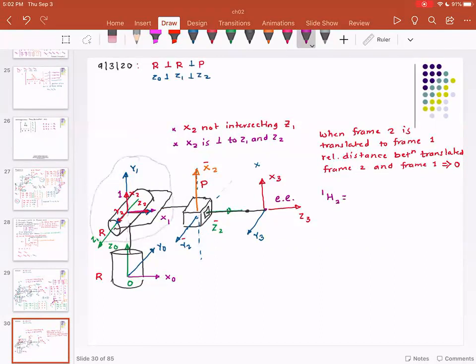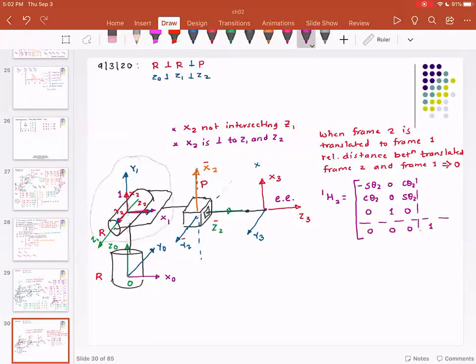So that's going to be 1H2. And if you look at 1H2, you're going to have a 3×3 rotation matrix. And that 3×3 rotation matrix is sine theta 2, 0, cosine theta 2, cosine theta 2, 0, sine theta 2, 0, 1, 0, 0, 0, 0.